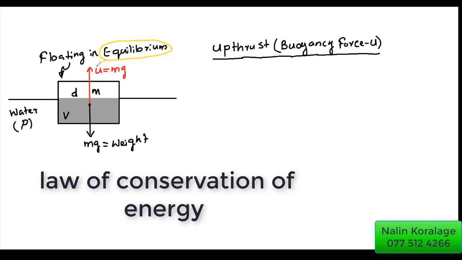The definition of the law of conservation of energy: energy remains constant inside a closed system, or we can say the total energy of an isolated system is constant. In case you ask me what is meant by an isolated system, for example, our universe. So our universe is going to be one system.